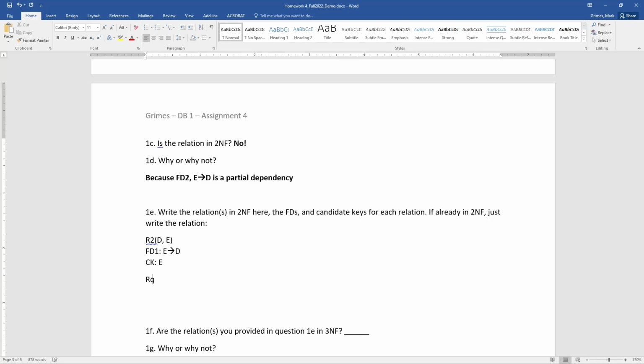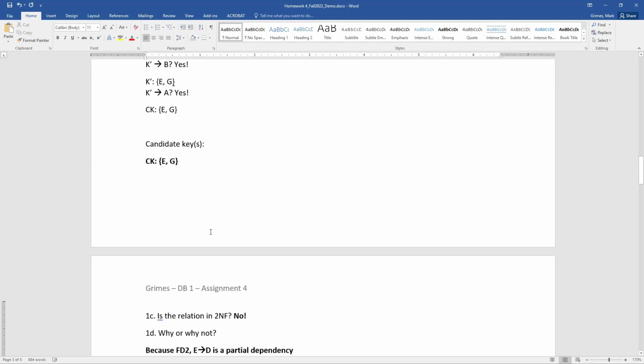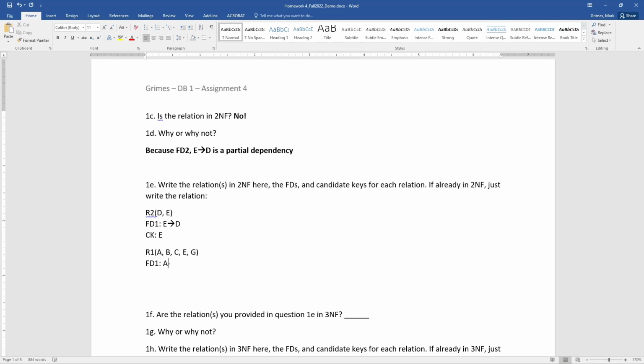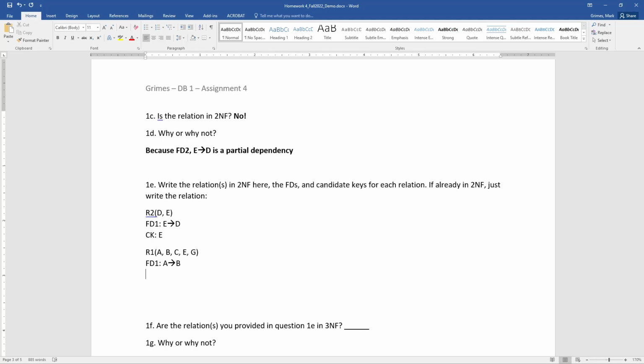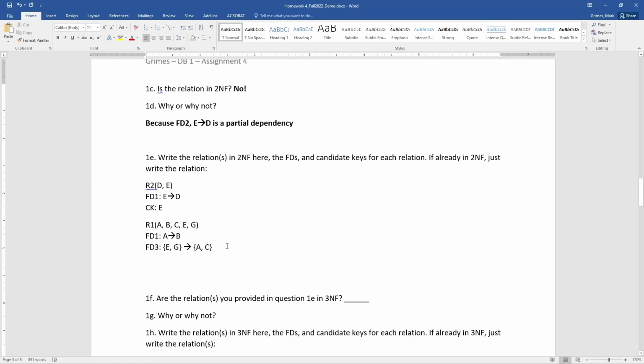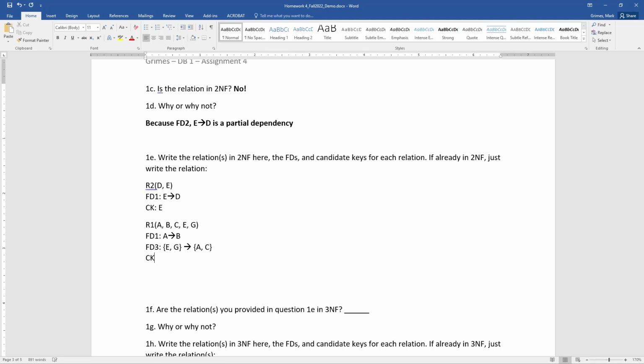And then remaining in our original relation, R1, is A, B, C. D has been moved out, but we leave the determinant E behind, and G: A, B, C, E, G, with these functional dependencies of A determines B, and EG functionally determine A and C. And in this relation, we still have our candidate key of EG, right?